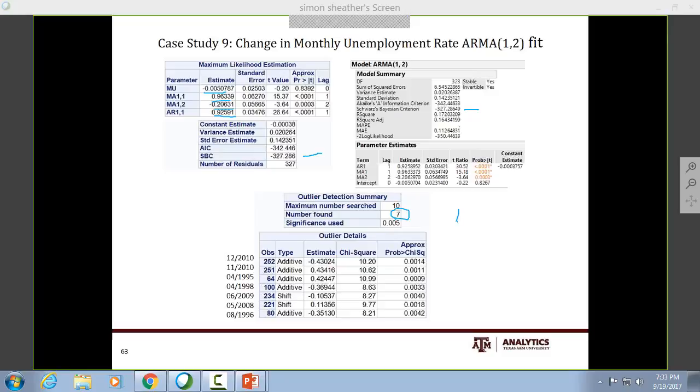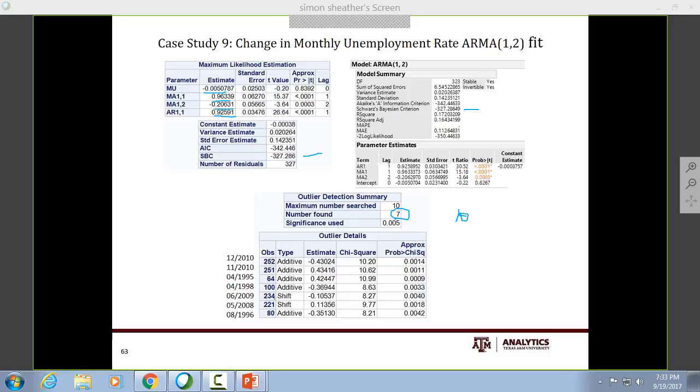What would you do if you did this and you found all 10 outliers? What would you do next, apart from worry? Look for more, because this says these are the first 10. There could be more. In this week's homework, you can find many more than 10, but you'll get to do them. And then, interestingly, it found 2 shifts.